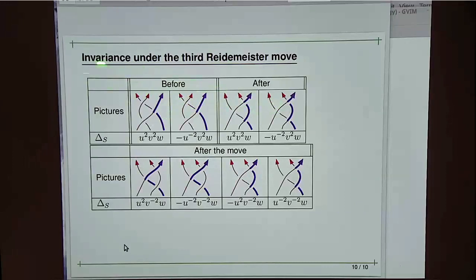So after the move, you have 6 terms? Yes, after the move we have 6, and before we had 2. So 2 of the new are paired with 2 before, and 4 others just kill each other. And there is no choice. It's automatically done.